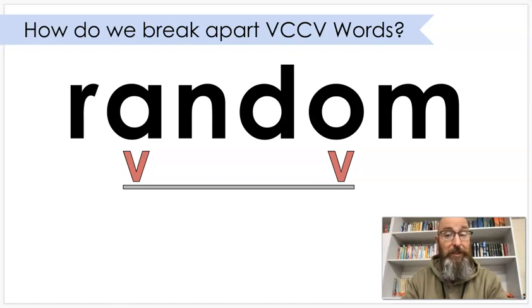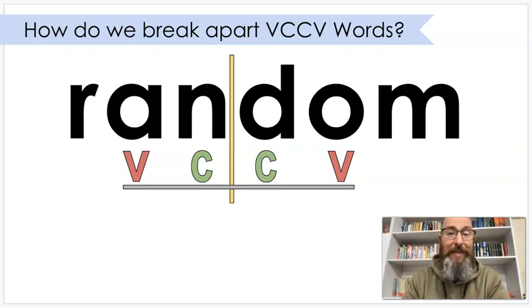And what do I put on the bridge? The consonants. What consonants are between the vowels? The N and the D. Now that I've got my vowels and consonants, where do I draw my split line? Between the two consonants, that's right. So I would draw it there between the N and the D.